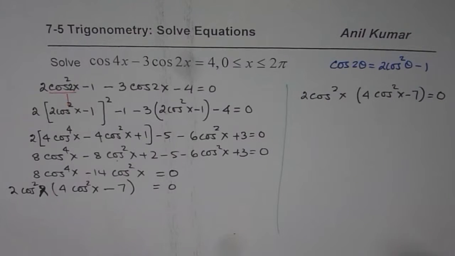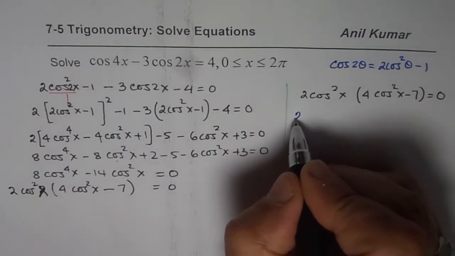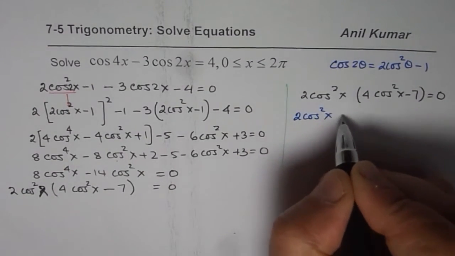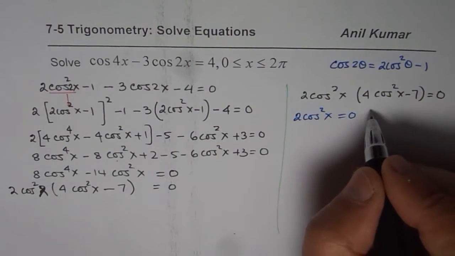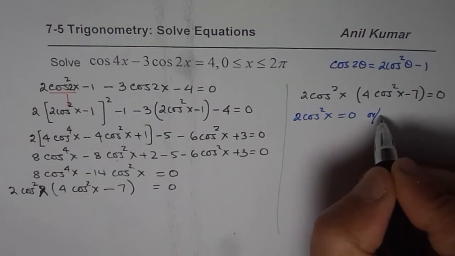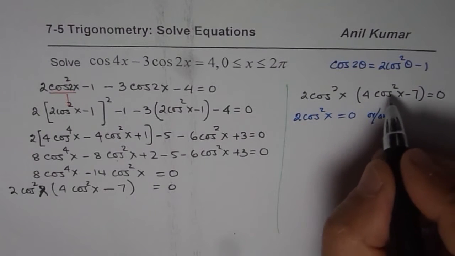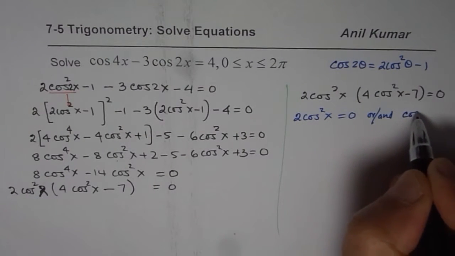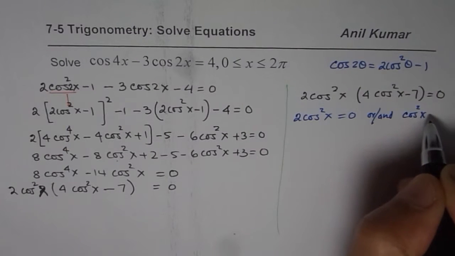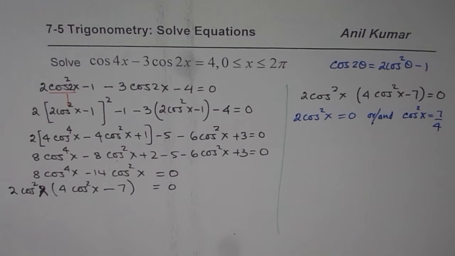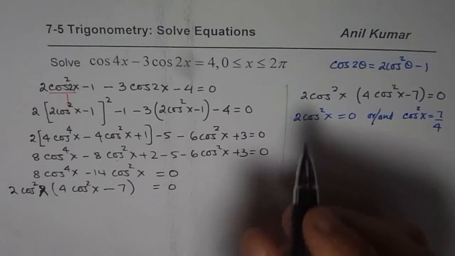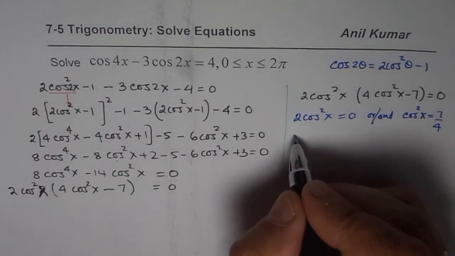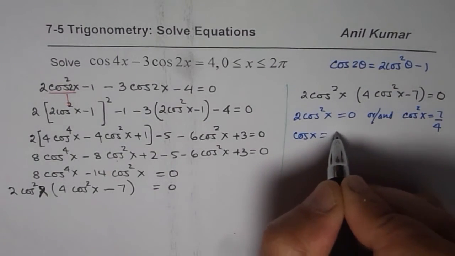Now let's solve this equation. So the solution could be 2 cos square x equals 0, that's one part, and the other part gives us cos square x equals 7 over 4, correct? So these are the possible solutions. Now for the first part, we get that cos x equals 0.